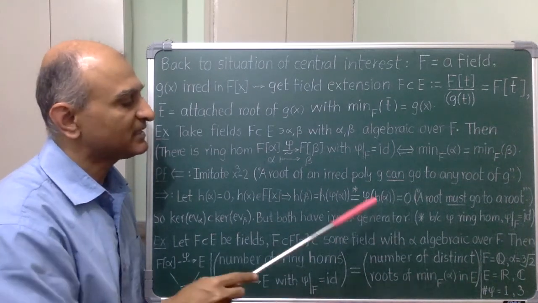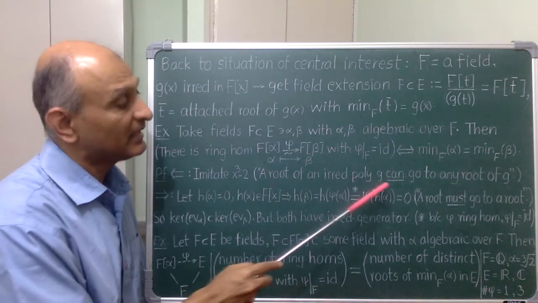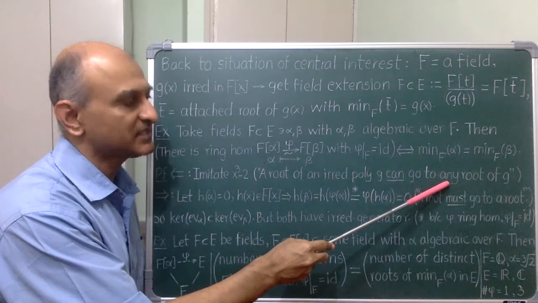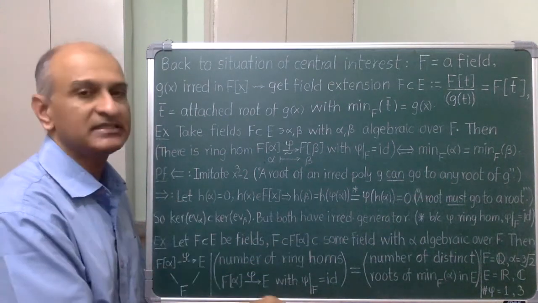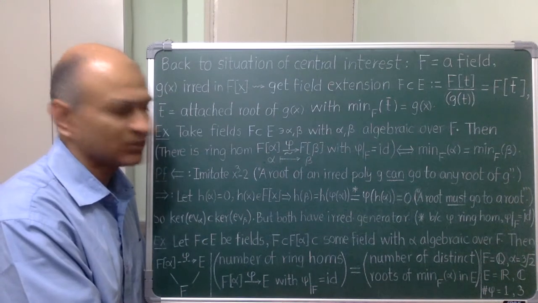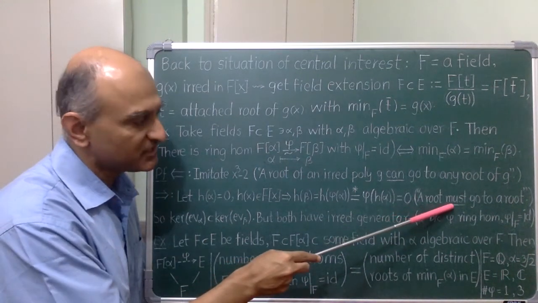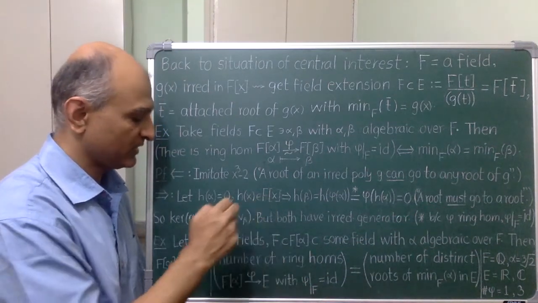So, what is being said is that a root of an irreducible polynomial can be sent by a ring homomorphism to any root of the same polynomial. Okay, the forward direction is easier and it is based on the simpler principle that a ring homomorphism must take a root to a root. So you can check the details over here.